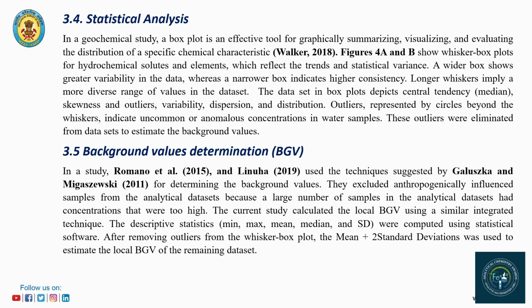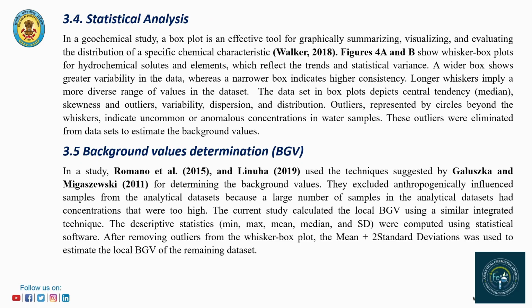the statistical analysis. We have discussed the box plots already, box plots for the hydrochemical solutes and sediments, which reflect the trend and statistical variance. We will show it in the next figure. A wider box shows greater variability in the area, whereas a narrow box indicates higher consistency. Longer whiskers imply a more diverse range of values in the dataset.